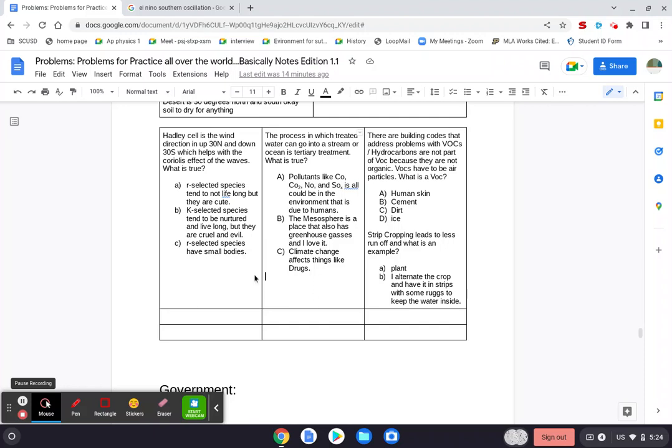So, apparently the mesosphere is about 80 kilometers above the Earth.